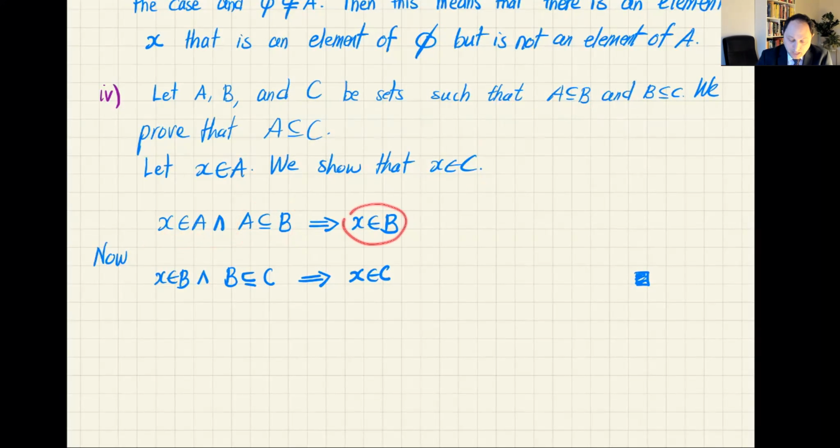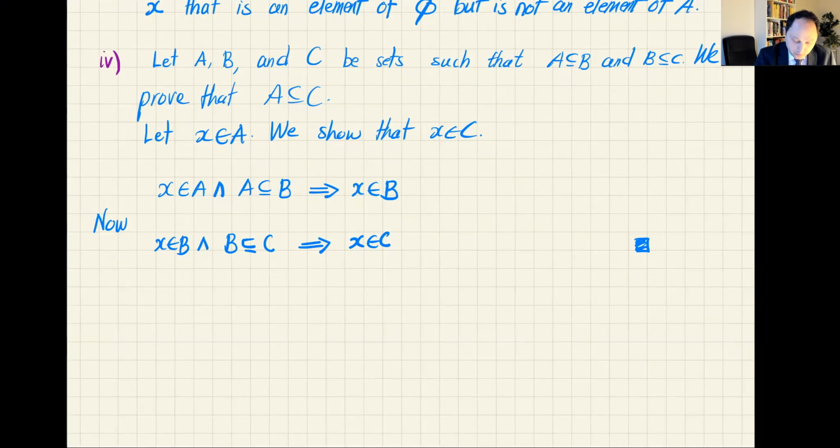Now I will take this guaranteed statement and use the second piece of information that you provided for me and put them together. And then again, using the definition of the subset, I can conclude this last statement. But the last statement is exactly the statement that I wanted to show. So I am done. Okay?